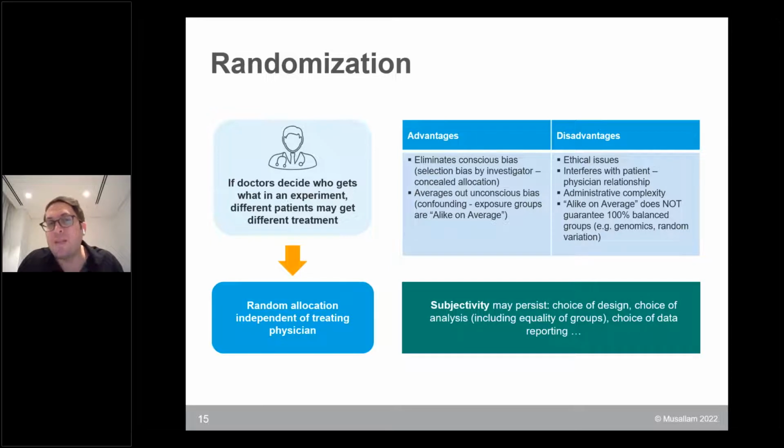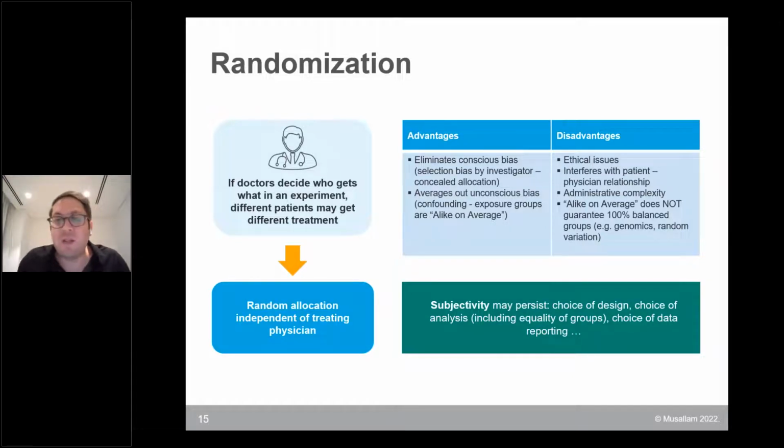The main purpose of randomization is that you want to ensure that the two groups you're testing are alike on average. They're similar. I randomly assign them. They can't be different. It's not possible. Obviously, it is, as I write down here in the disadvantages, but that's the main reason: so that the only difference between the two groups is the exposure. Group 1 takes a drug, group 2 takes a placebo, for example.